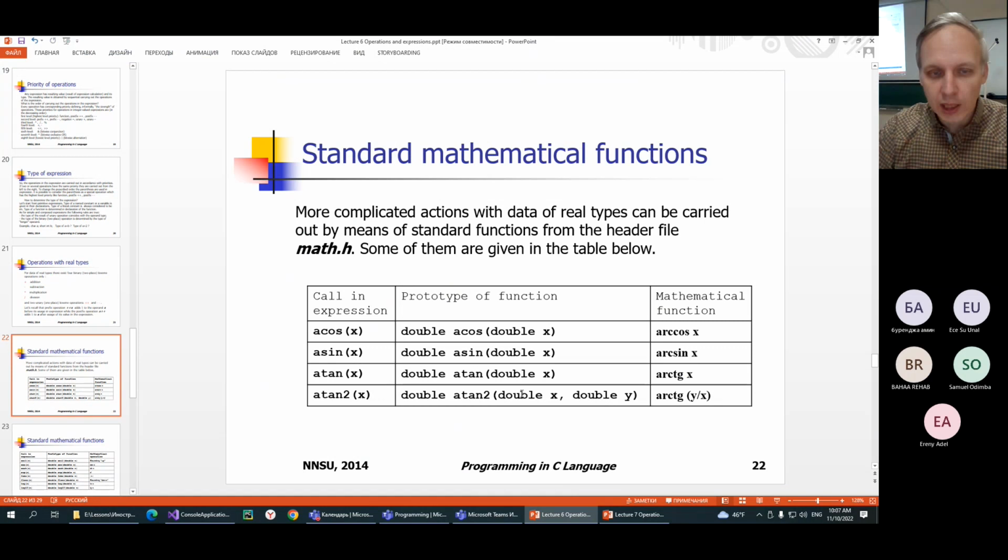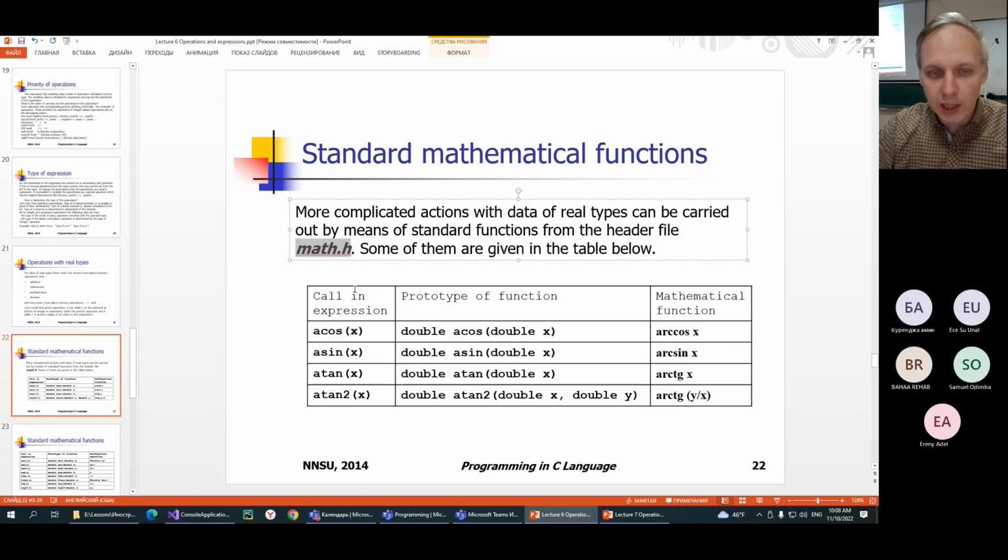And maybe one important piece of information for you is that a lot of mathematical operations are implemented in the module math.h. Here you may see the table of these operations.